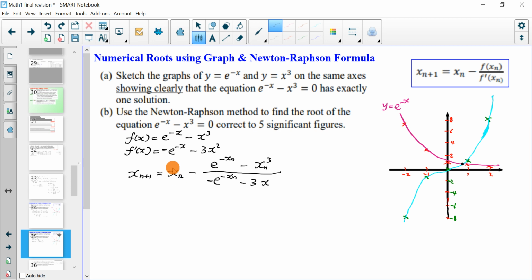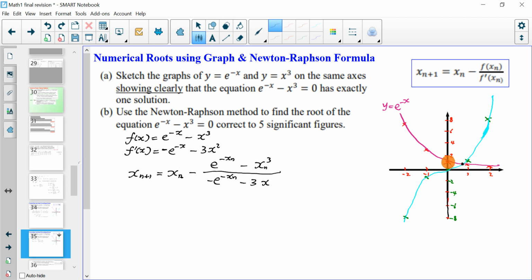Now, where do I start? In my series 2, 4, 6, 8, I started with 2. So in the Newton-Raphson formula, I need to know where to start. That's why our first step is important because it has given us an approximate range of where the roots might be. So I can either start with x equals 0 or x equal to 1.